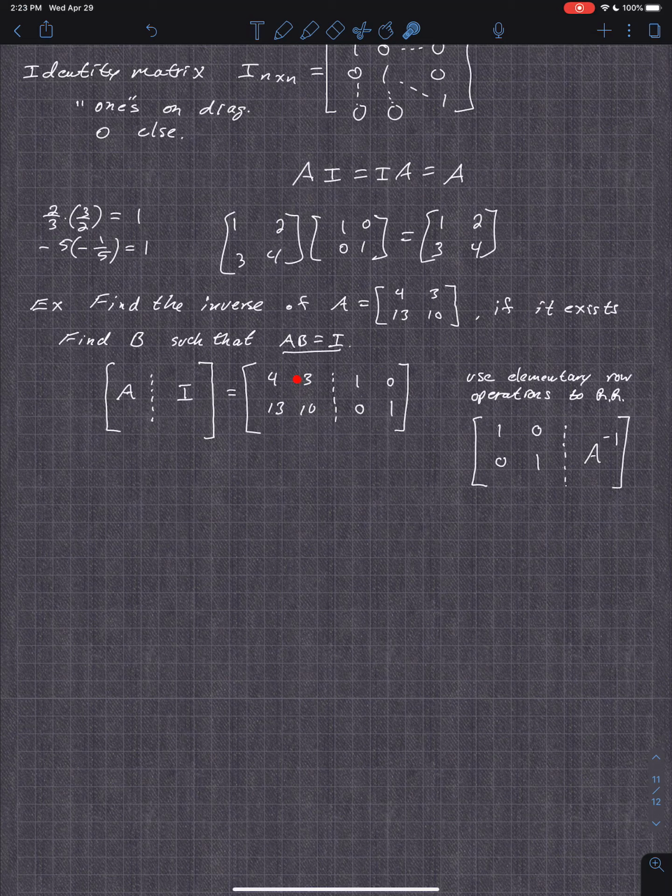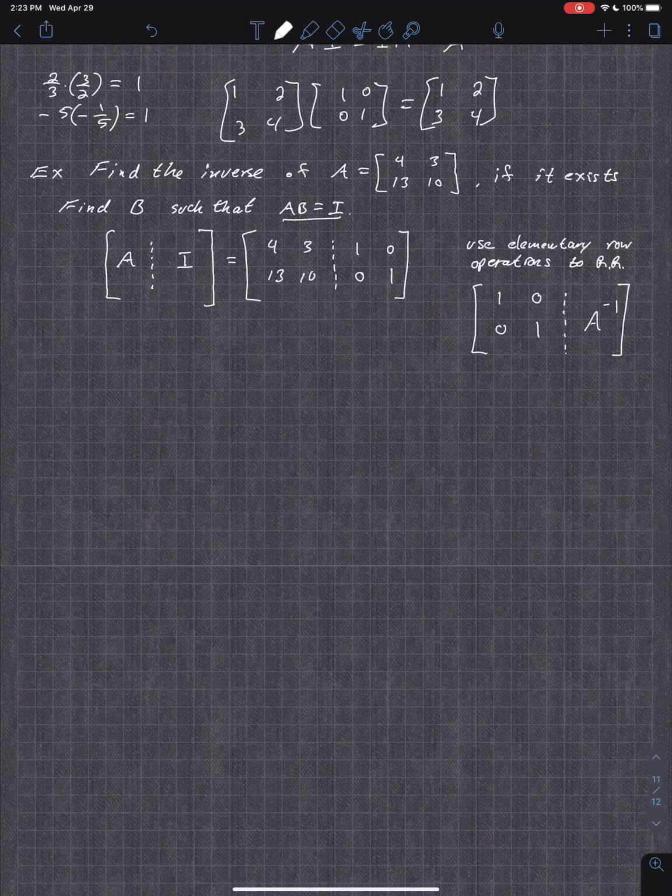And once you get I on one side, what is on the other side is the inverse of that matrix. Now, if you can't get I like this, maybe all one row zeroes out or something, then it's not invertible. The ones I'll ask you, of course, will be invertible, or there'll be other ways to check later. So let's go ahead and do these operations.